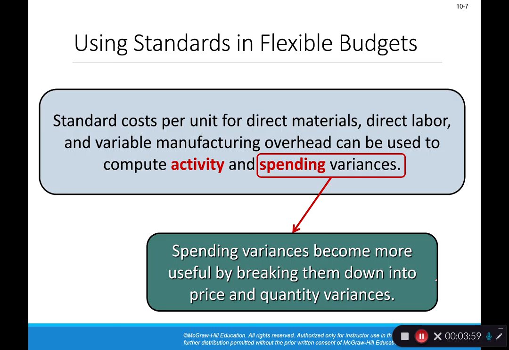If you remember in Chapter 9, we calculated the spending or revenue variances, which I also told you are referred to as the flexible budget variance, by comparing the actual results to the flexible budget. Now what we're going to do is break down that flexible budget, aka spending variance, into its price and quantity variances in this chapter to get better information.